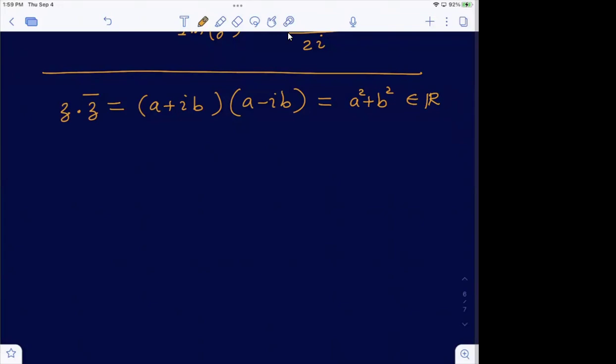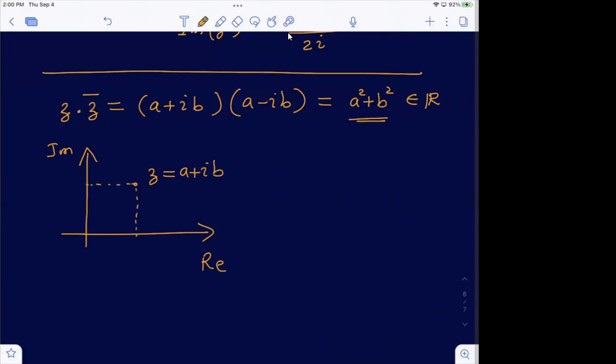And at the same time, if you try to give some interpretation to that, think about this. The real axis and the imaginary axis. Let me just indicate this number z, a plus ib, and we already know the coordinates. In terms of coordinates, this is going to be a and this is going to be b. And in that case, a square plus b square is none other than the square of this hypotenuse.